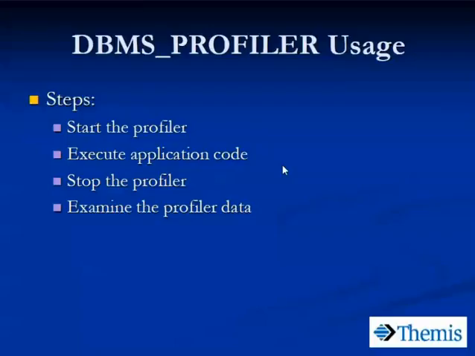And then you just run your application code. It might be a query, it might be a script, it might be a call to a stored procedure which calls other programs, whatever. Just let your application stuff do its thing. And then when that gets done, or you feel like you've executed a good enough workload, you'll stop the profiler.